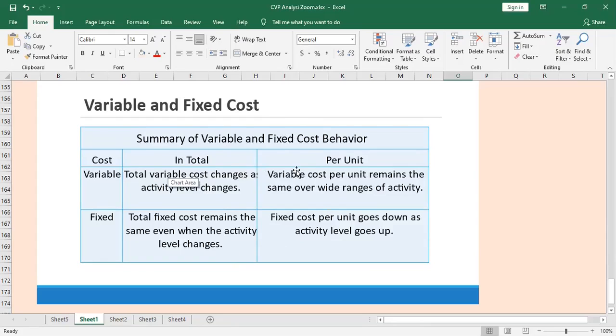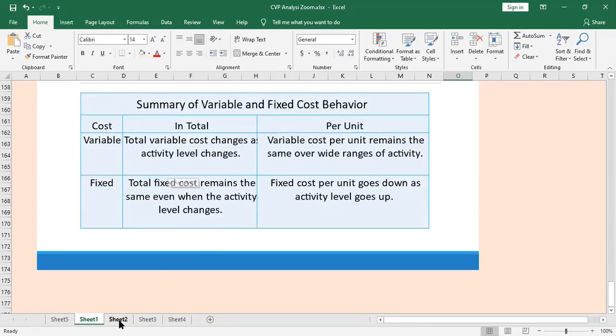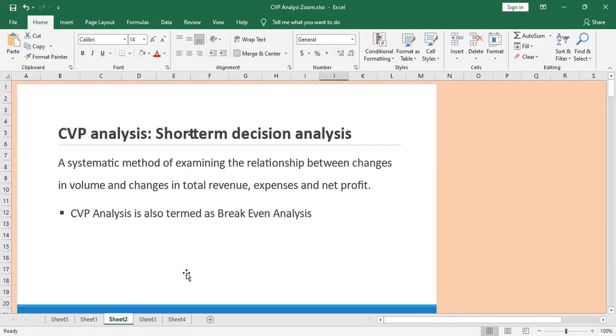So with that note, I am going to move into our main topic, that is cost profit volume analysis. As I said, we normally call it break-even analysis also. Here it says a systematic method of examining the relationship between changes in the volume and changes in the total revenue, expenses, and the net profit.